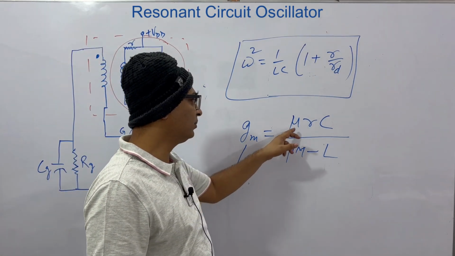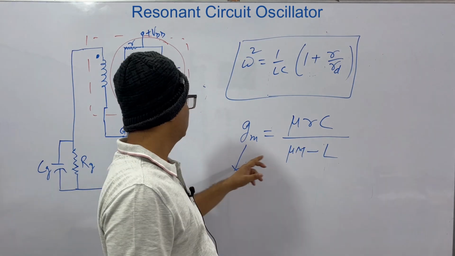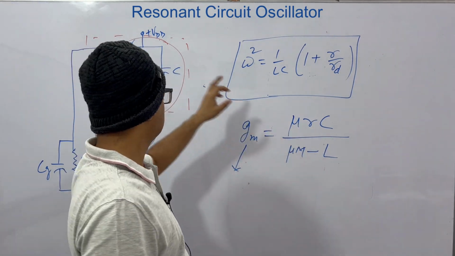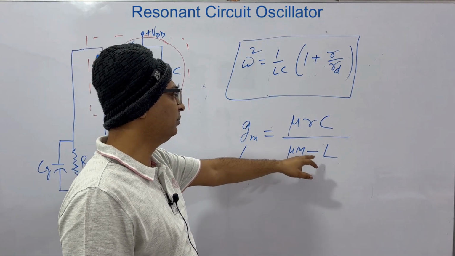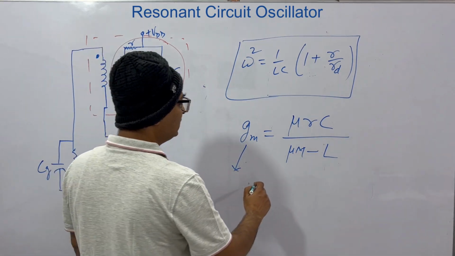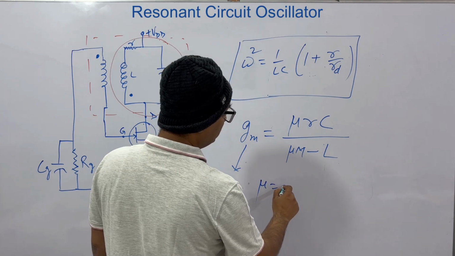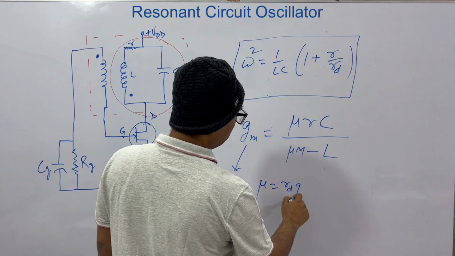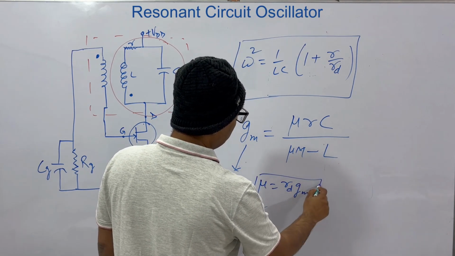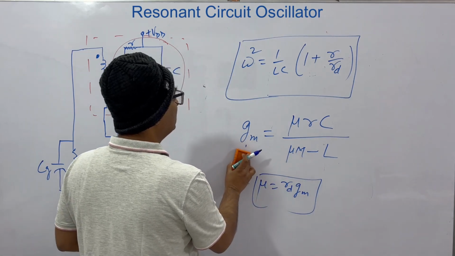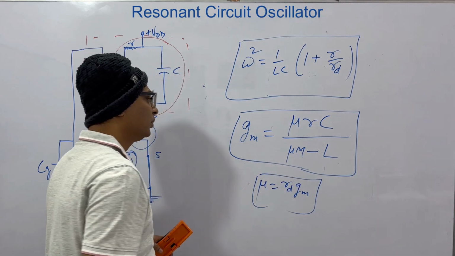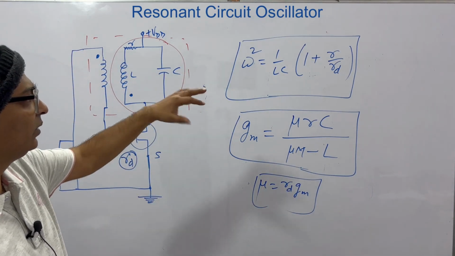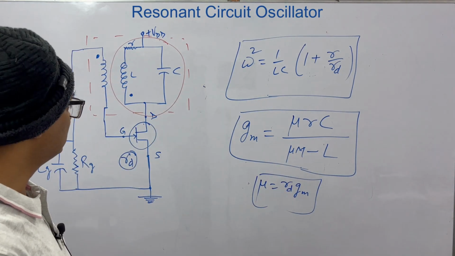So GM is given by mu into R into C, where this is C and this is R, and mu M minus L. For a field effect transistor, you know the relation mu is equal to RD into GM. You should keep these formulas in mind. If any problem is asked, you can put in the values and get the result.